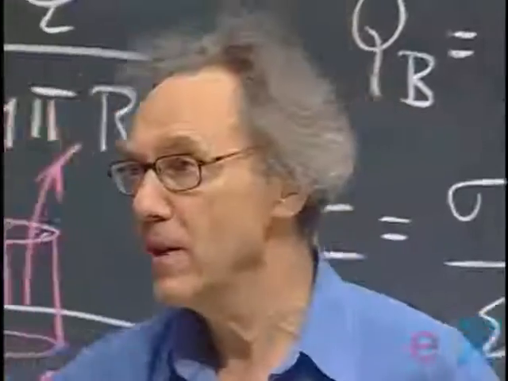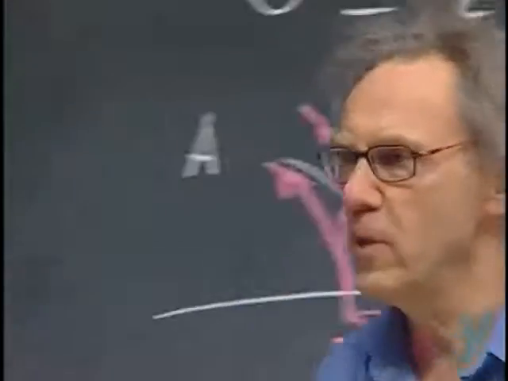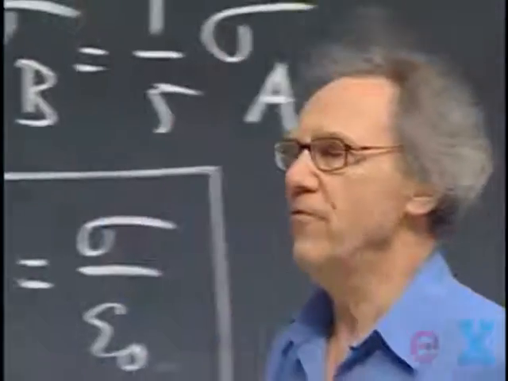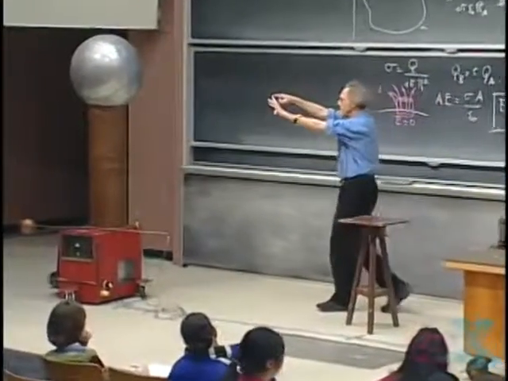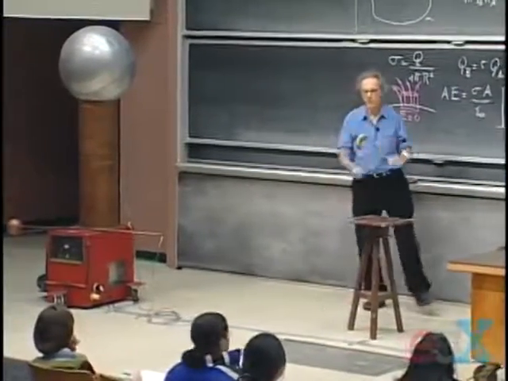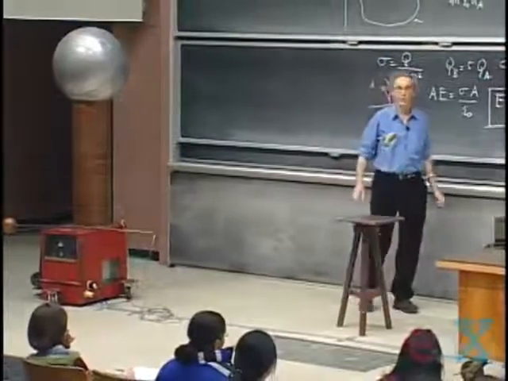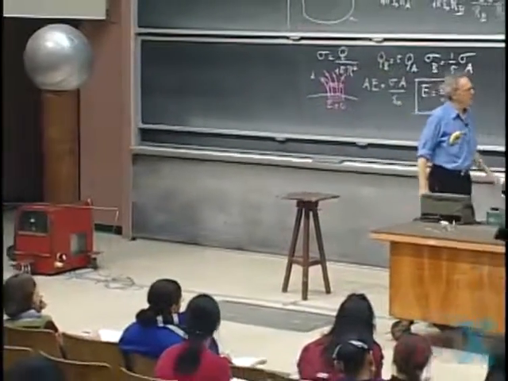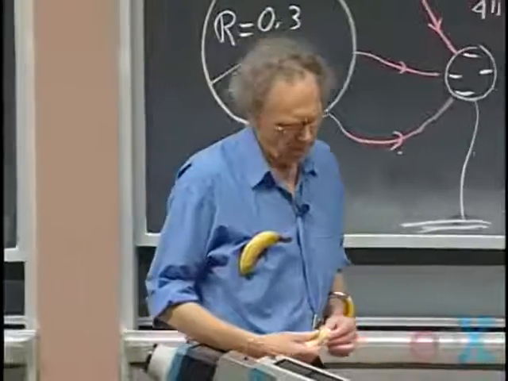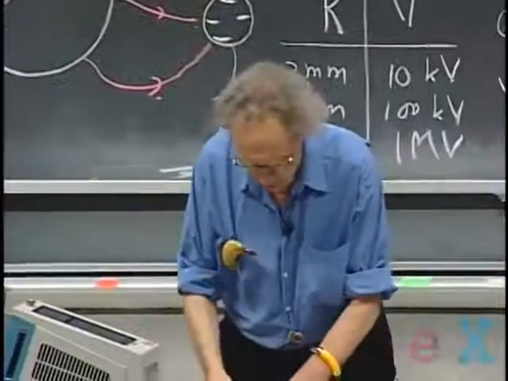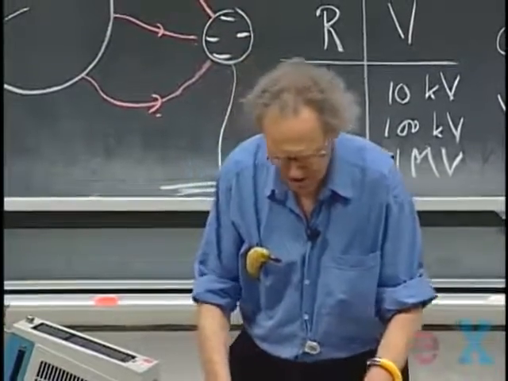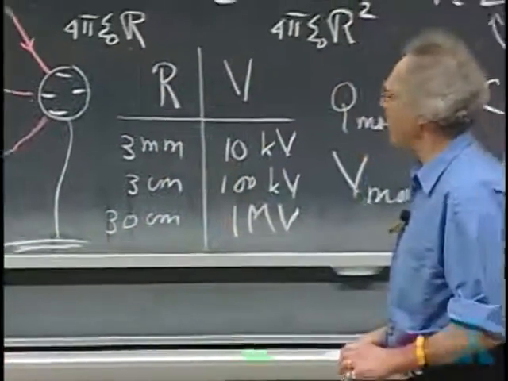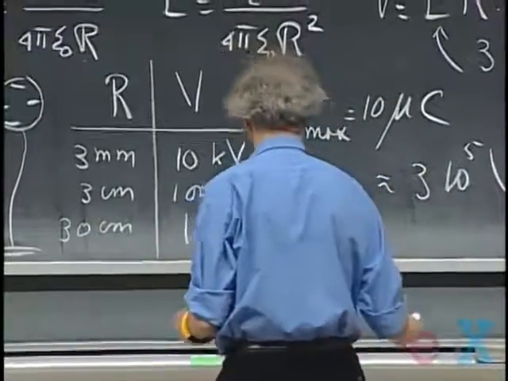Or certainly my head would be a good candidate for being hit first. If I approach the Van de Graaff like this, with my hand stretched, then chances are that the sparks will first develop between my fingertips, because they have a very small radius and are very close to the Van de Graaff, and that's where the discharge will occur. Before we enjoy some of this, you will enjoy it, I will enjoy it less, I want to talk a little bit about lightning with you first.